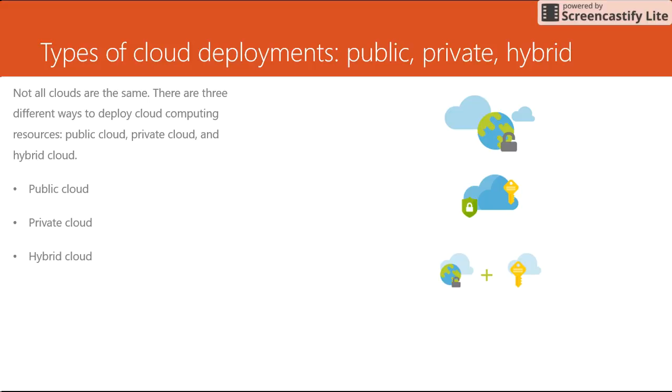The infrastructure as a service, platform as a service, and software as a service are the three types of cloud services, and these are three things where we say public cloud, private cloud, and hybrid cloud. These are the deployment mechanisms of cloud computing.